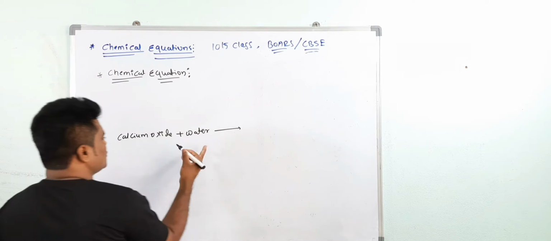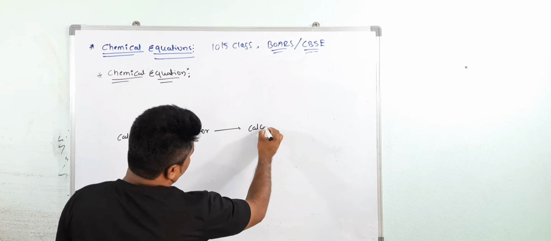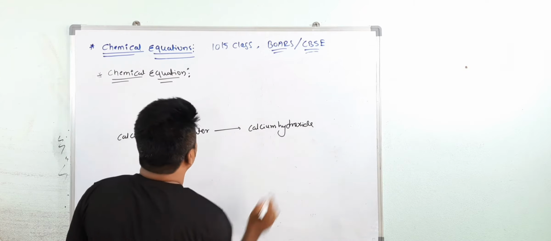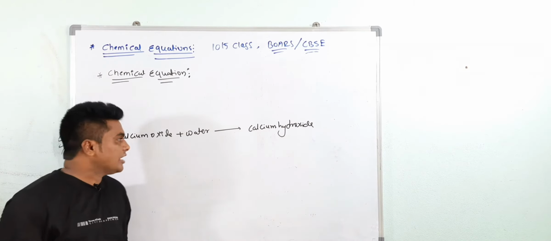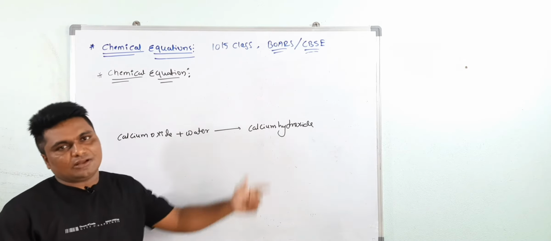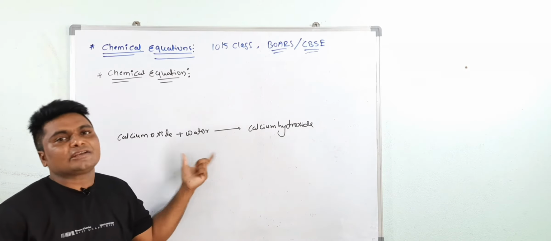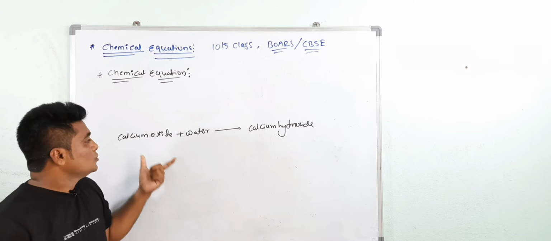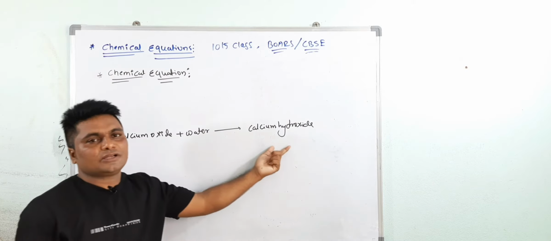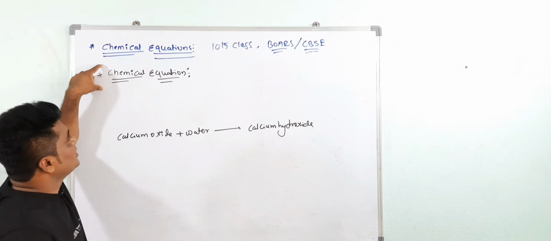After mixing these two, the reaction takes place and we got calcium hydroxide. Every time to write in word form, as a sentence, it is difficult to represent the chemical reaction. Are you getting my point? So to represent the chemical reaction in sentence form is a little bit difficult. That's why we will use one shortcut method, called a chemical equation.